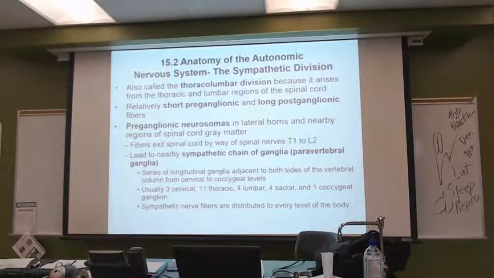Does that make sense on the synapsing? Okay. Once they synapse, it kind of shows where these fibers go, what they innervate, that sort of thing. And this is my sympathetic, so it means it's working to do that fight or flight.